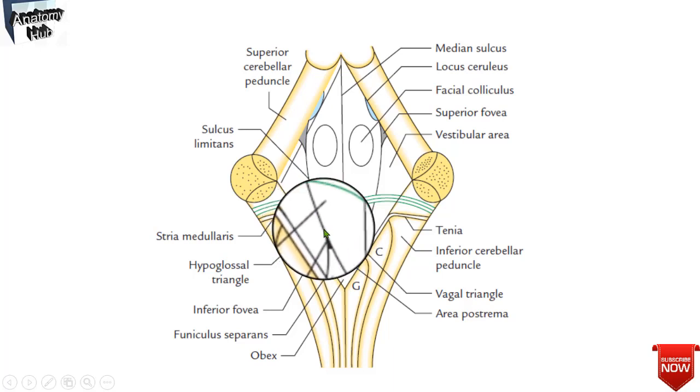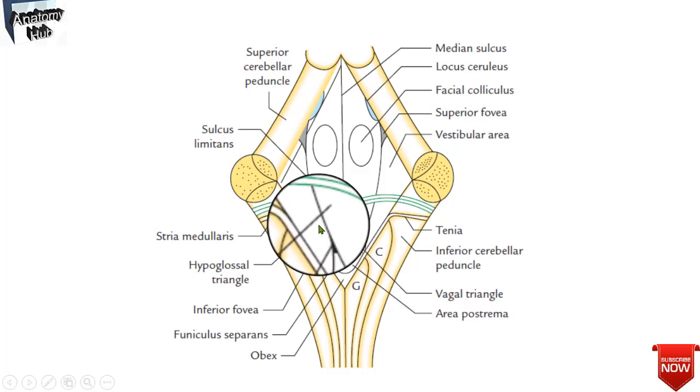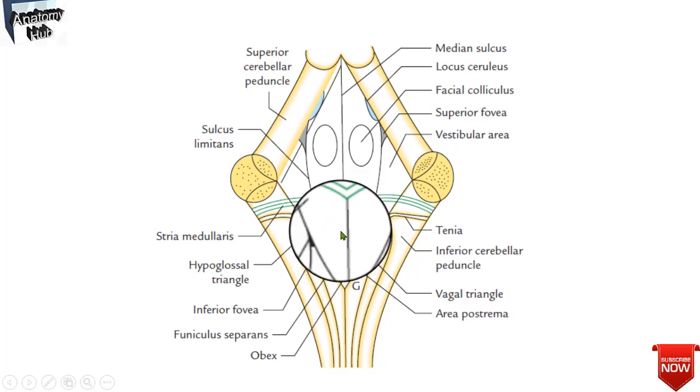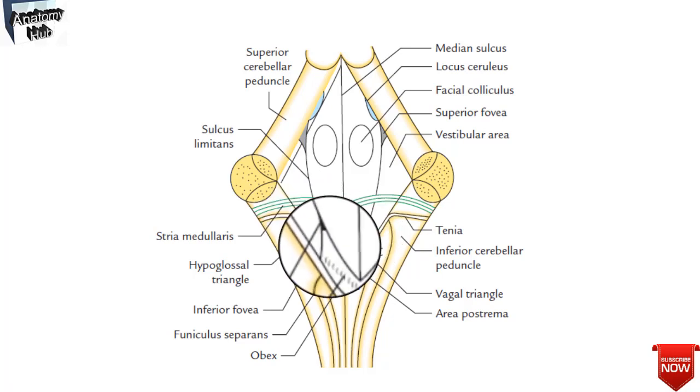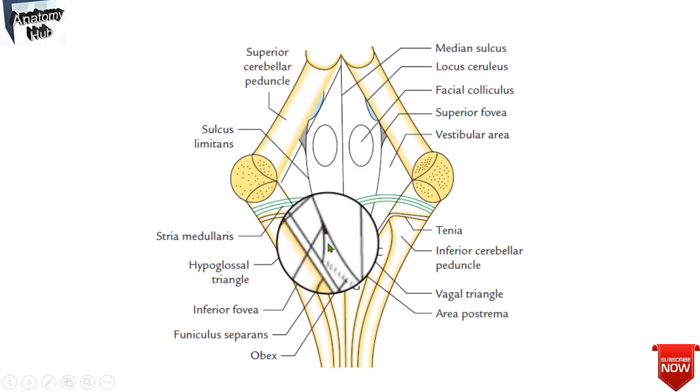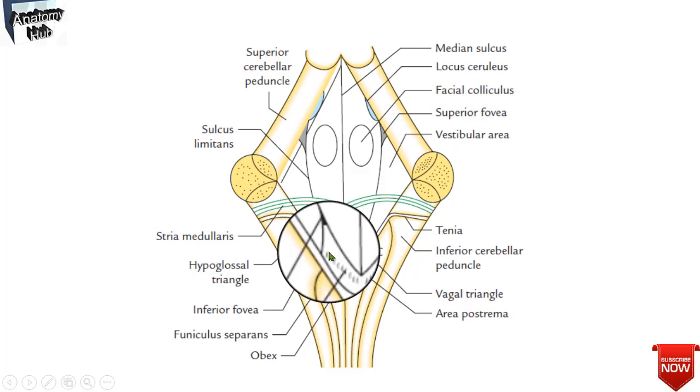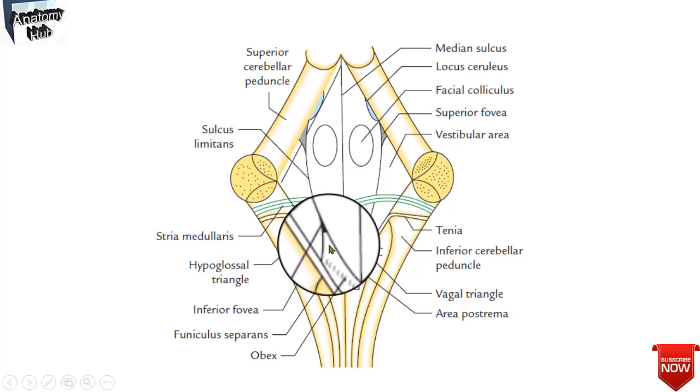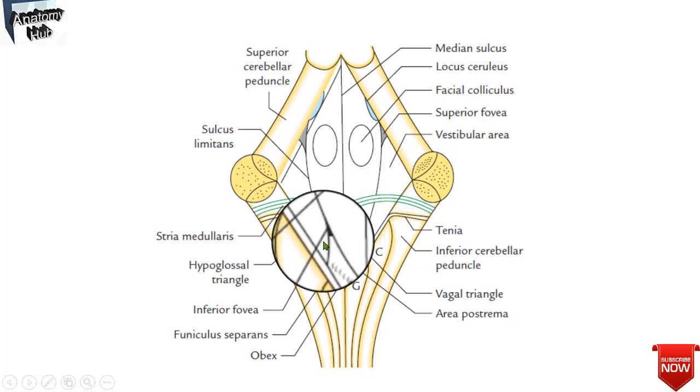The sulcus limitans is marked by a depression over here. This depression is known as your inferior fovea. Descending from the inferior fovea there is a sulcus that runs obliquely, that you can observe here, towards the midline, and that divides the median eminence into two triangles.